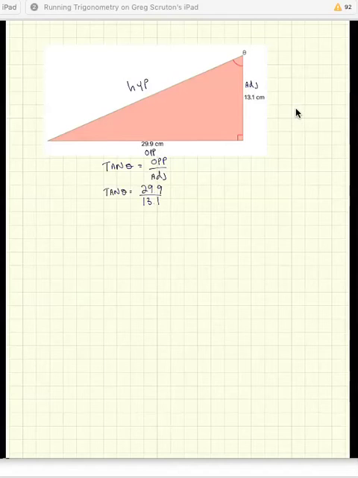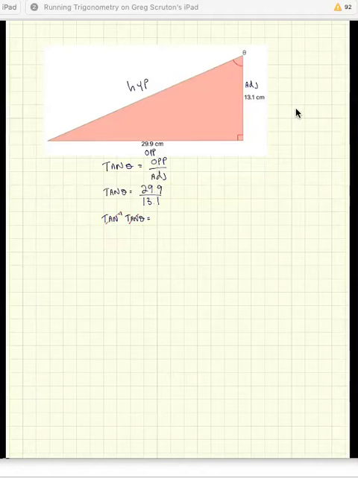Now to get the theta alone, I'm going to take the inverse tan, which looks like this. Tan to the -1 of tan of theta, and they're going to totally cancel. The tan of theta goes one direction, the inverse tan goes the other direction, so you're just left with theta.